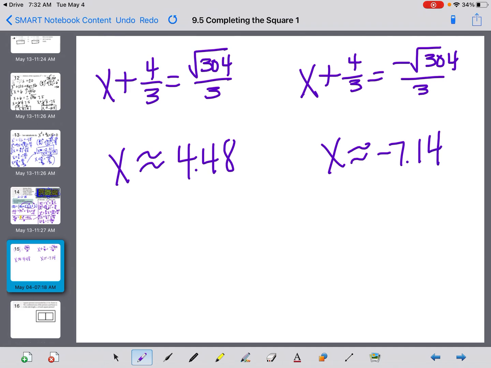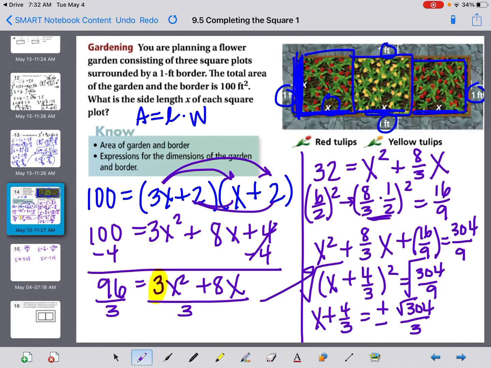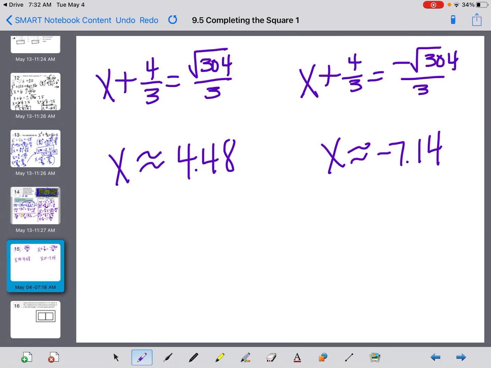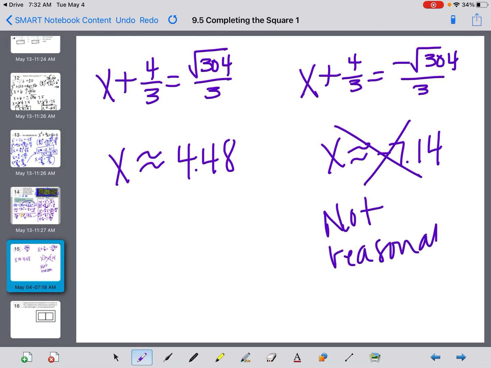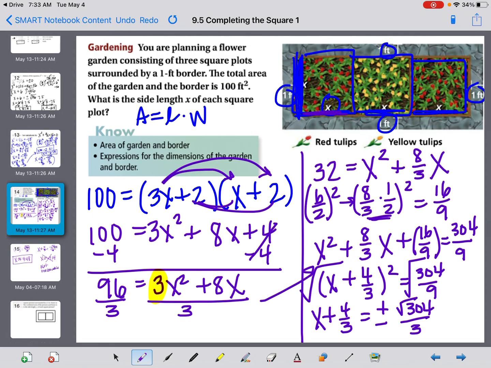But what I need to remember is that I'm talking about a garden here. Is it possible that these dimensions of my garden are negative? Since it's not, this one's not reasonable, then we know that our x values have to be about 4.48 feet.